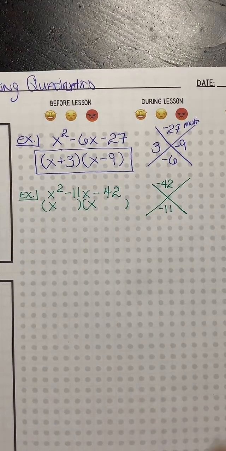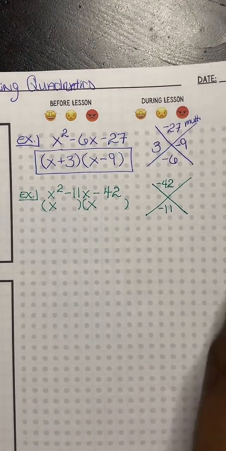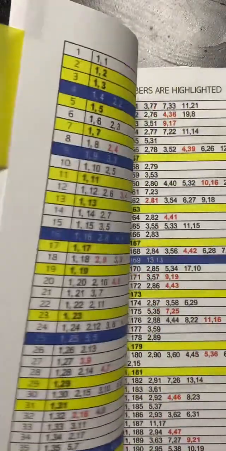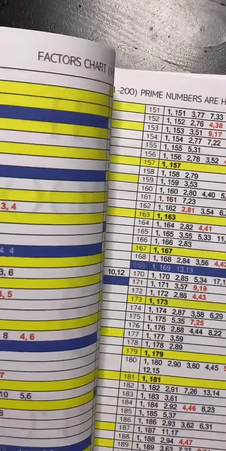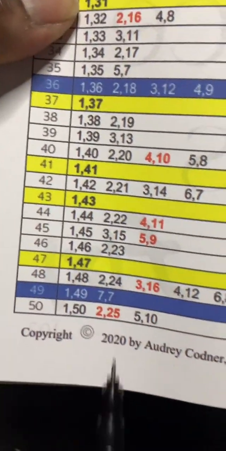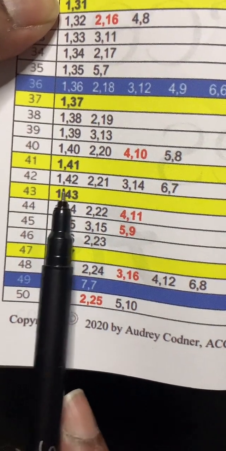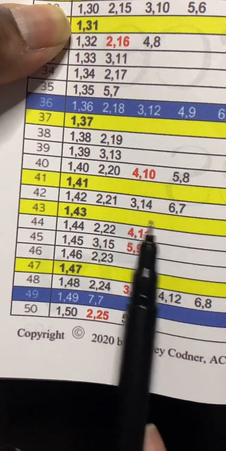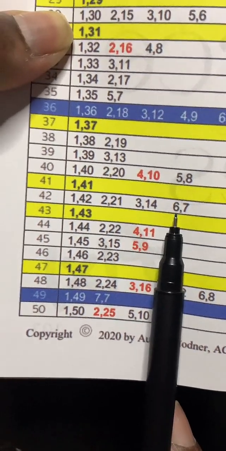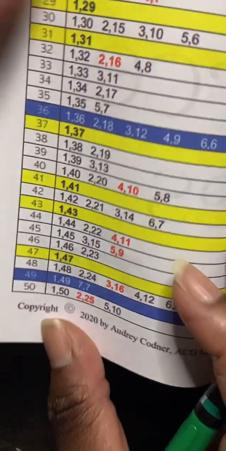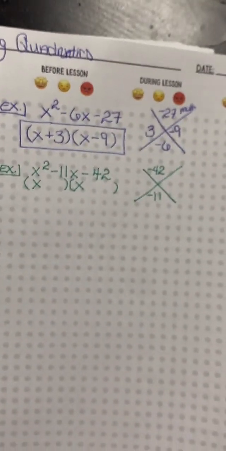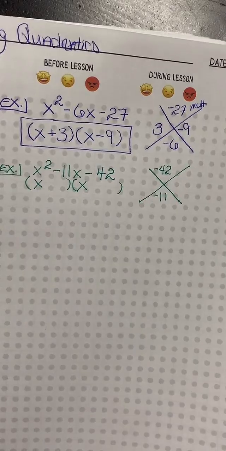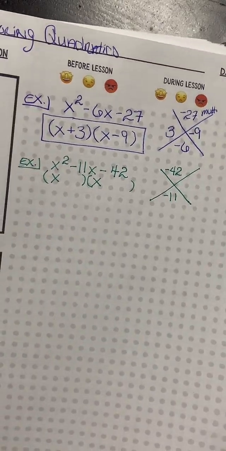All right. So you can play around with your calculator, or we can come here, take a look at our 42s. So we got 1 and 42, 2 and 21, 3 and 14, and 6 and 7. So we're looking for two numbers that, if I either add them together or subtract them, will give me 11.